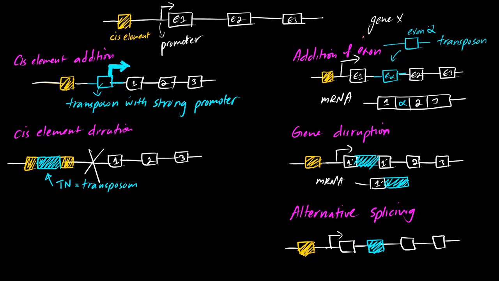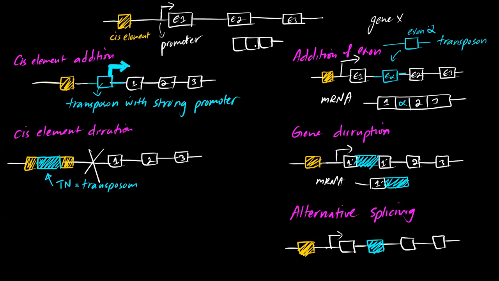Normally the gene produces an mRNA with the 3 exons like this.